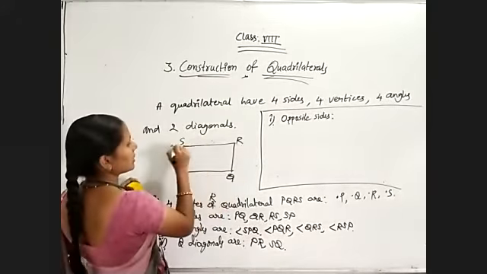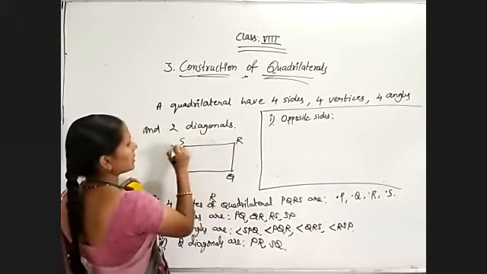Go through with the second pair: QR and RS. Then the third pair: RS and SP. And my fourth pair is SP and PQ. Observe this: in the case of opposite sides, we will not get any letter in common. But for adjacent sides, PQ and QR, Q is the common vertex, so these two are adjacent.